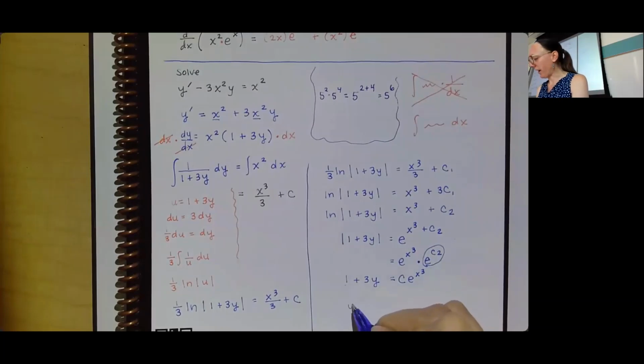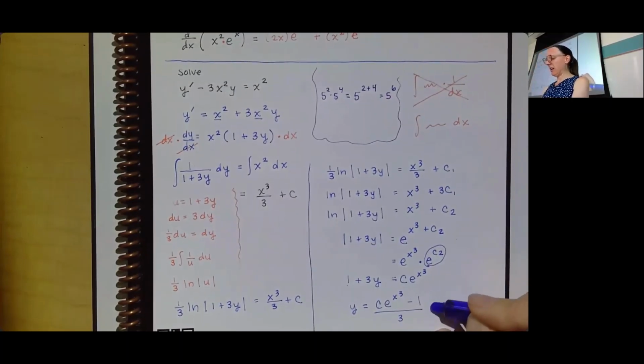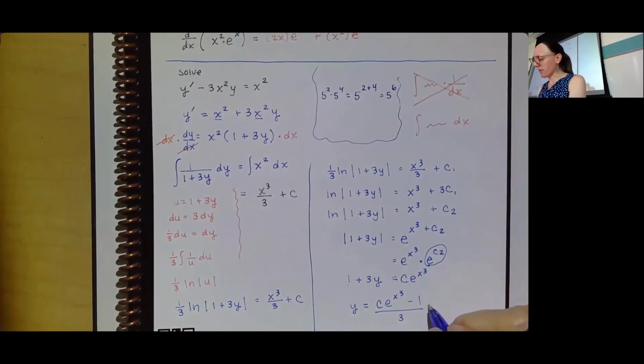So I'm going to say y is equal to c e to the x cubed minus 1 over 3. And if you wanted, you could take that c over 3 and just call that another constant, or I could just leave it right there. I'm actually going to go the extra step and make that c e to the x cubed minus 1/3.